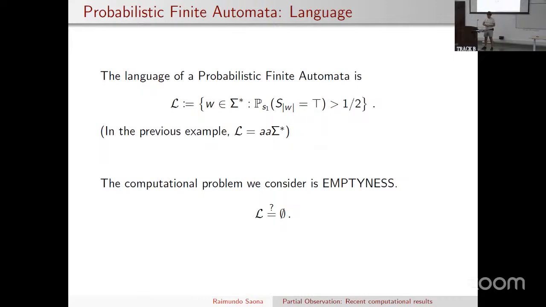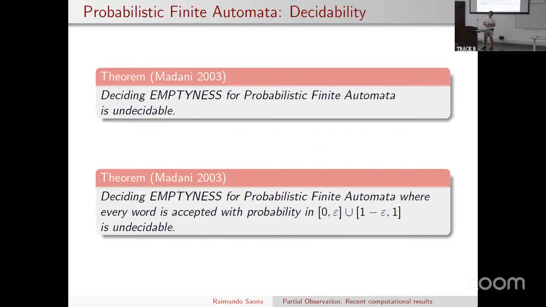Perfect. So the big result for this very simple model is that everything is undecidable. In the same year, same paper, they say emptiness is undecidable, and even if I promise you that every word is either accepted with probability at least 1 minus epsilon or at most epsilon, there's nothing about close to a half.